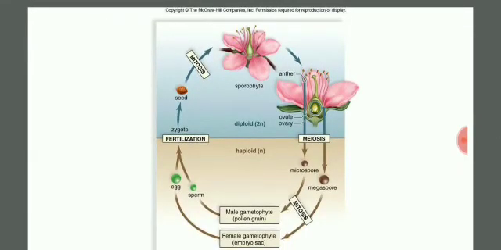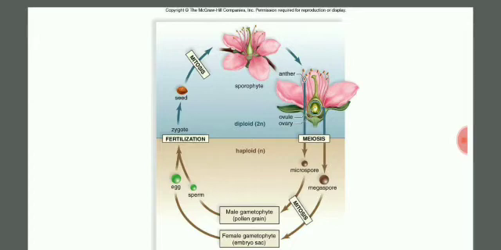And this is alternation, as you see, starts from sporophyte, which is 2n, and diploid. It is diploid, and from anther, with the help of meiosis and mitosis, male gametophyte and female gametophyte will join, will fertilize.